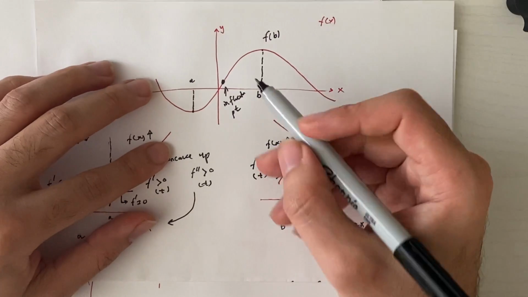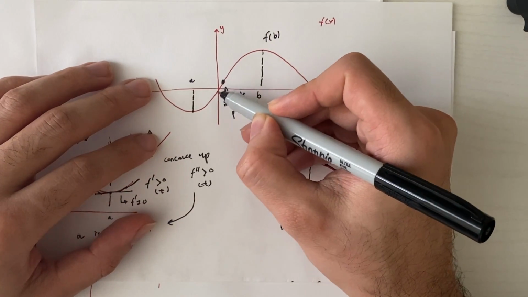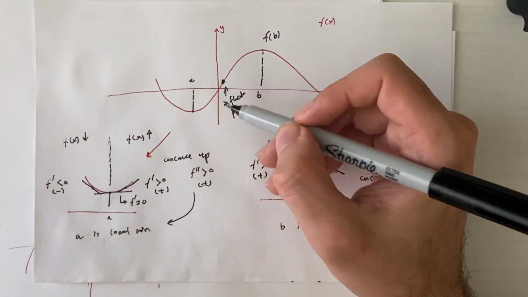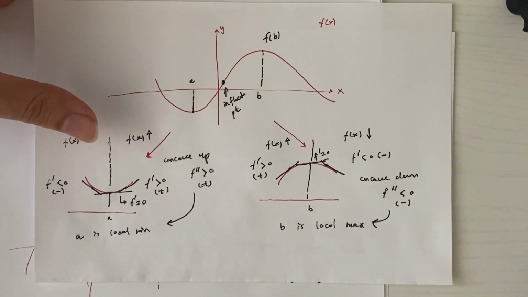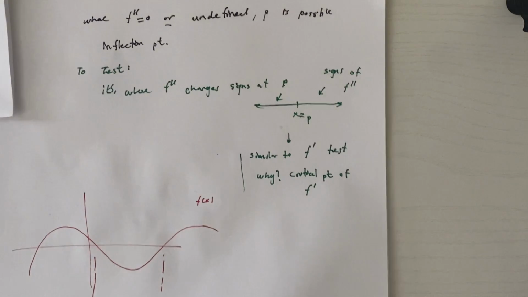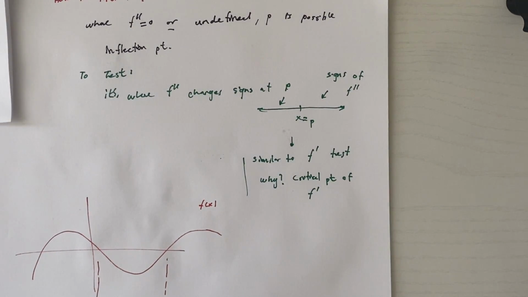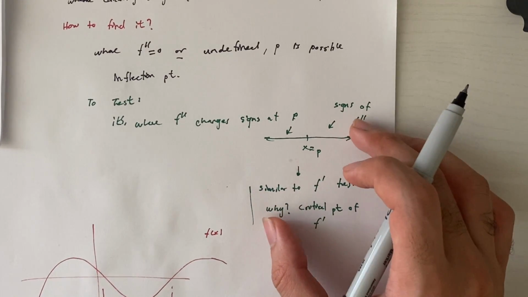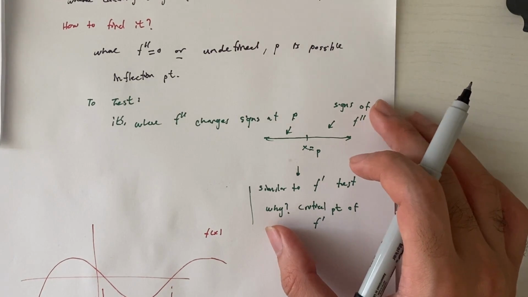Because when we draw a tangent line at the inflection point, it's going to be the highest or lowest slope. That translates to the highest or lowest value when you graph the function f prime of x. Therefore, again, it's going to be a critical point of f prime of x.